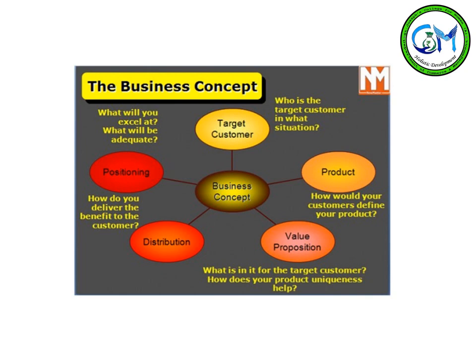So what kind of distribution channels does the manufacturer approach to give that particular product to the customer, and that we'll call distribution. And positioning, what will you excel at and what will be adequate, and at which particular place. This is linked to the target customers, where your target customers are, and then you need to create your market. Once the market is created in that particular place, you already know that your target customers are there, and then you need to put your product.